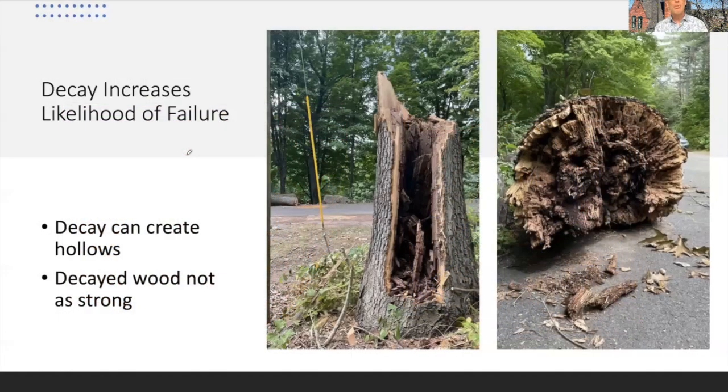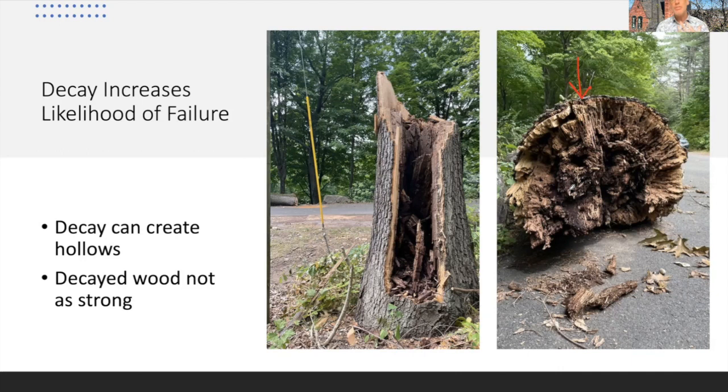So when decay is present, it increases the likelihood of failure, whether or not there's a hollow, just because the tree isn't hollow, as you can see on the right-hand side image here. There's plenty of wood there. It's just been really badly decayed. Some of the cellular components have been digested by fungi primarily. That reduces the load-bearing capacity.